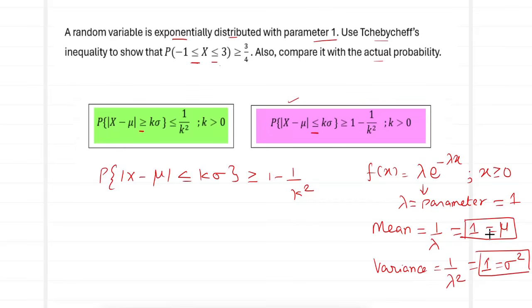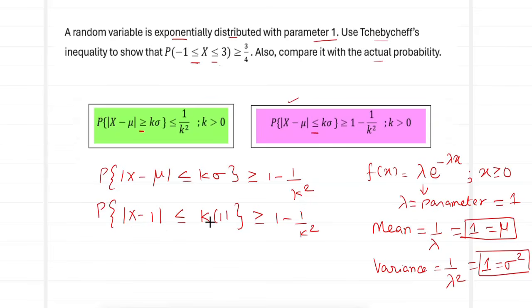Now, apply these two quantities to the Chebyshev inequality. So we have probability of modulus of x minus mu, which is 1, less than or equal to k times sigma, and sigma is also equal to 1, is greater than or equal to 1 minus 1 by k square.